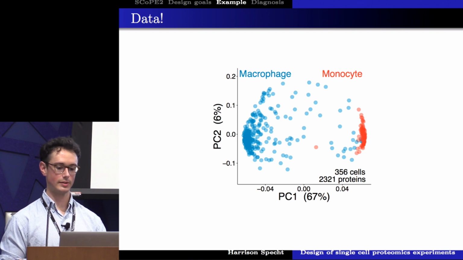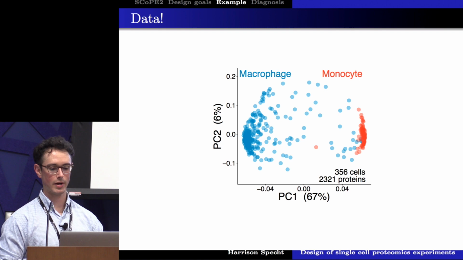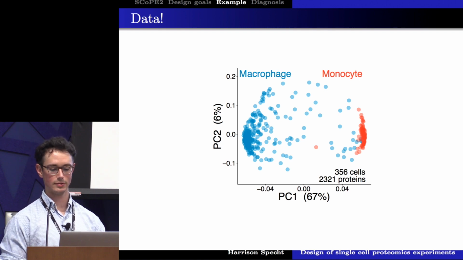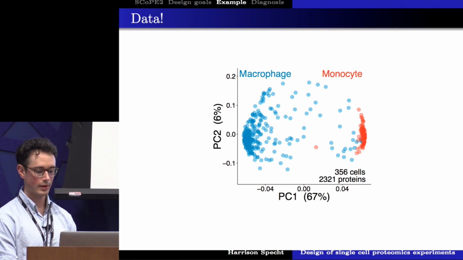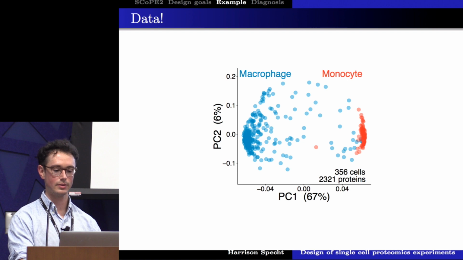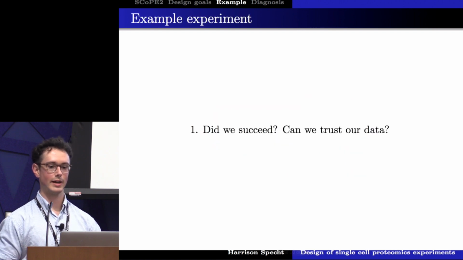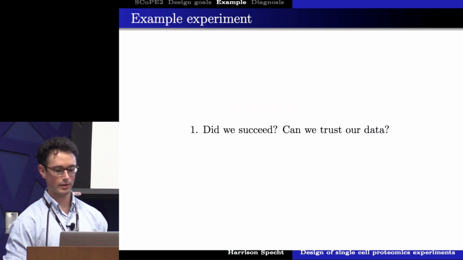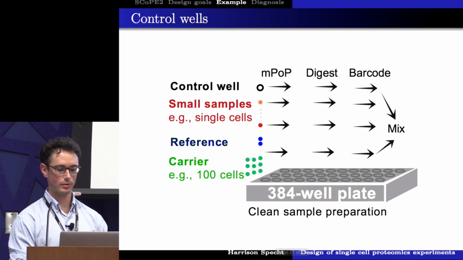We did naive PCA separation, and then afterwards we colored by the culture that we knew we had grabbed the single cells from because we had control over that. So we're very happy. This looks like a good indication that our data is reliable, but is it really? We want to examine it with some of the ideas that we talked about earlier. So first, we're going to take a look and use those control wells.